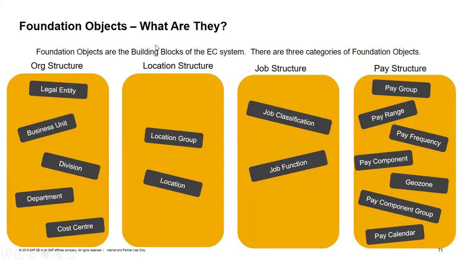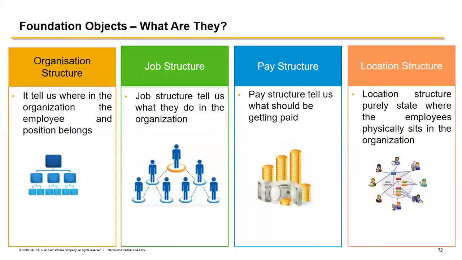So foundation objects are building blocks of the EC system, and these are the three categories: org, job, and pay. And out of these objects, most of them are migrated to instance. Okay, so what do we do with them? So Venu, if we are supposed to set up, like say location, we go and do it on the instance side, right?